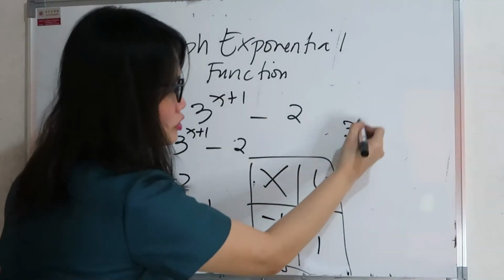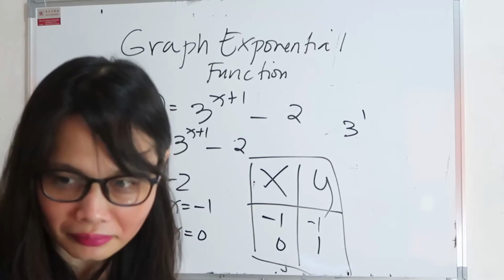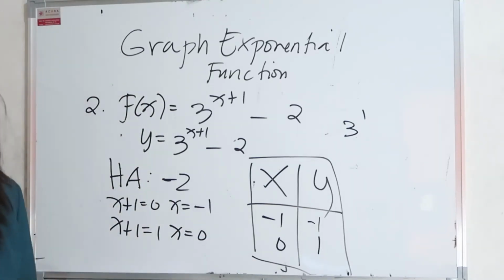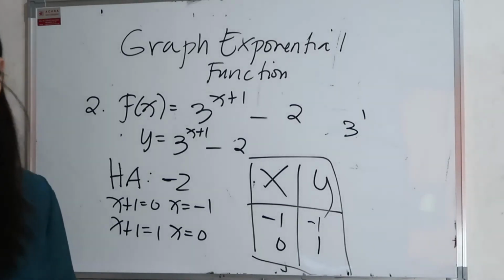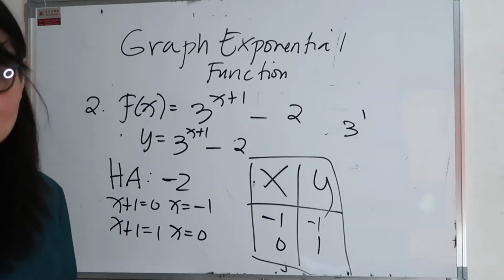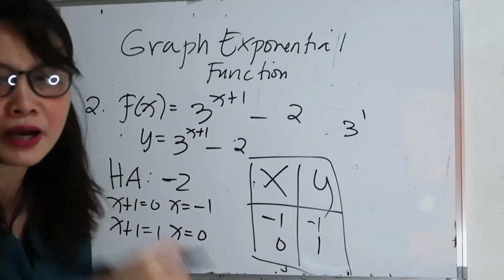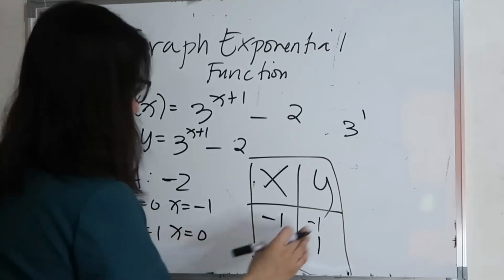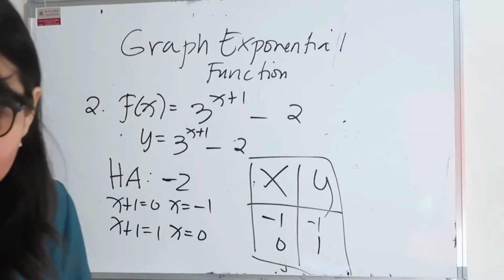So that will become 3 raised to 1. And what is 3 raised to 1? Okay, 3. So 3 minus 2 is 1. Can you still follow? Is it easy?